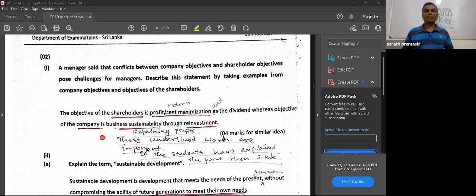Yet the company tends, T-E-N-D-S, tends, a tense showing inclination, long term stability and the sustainability.